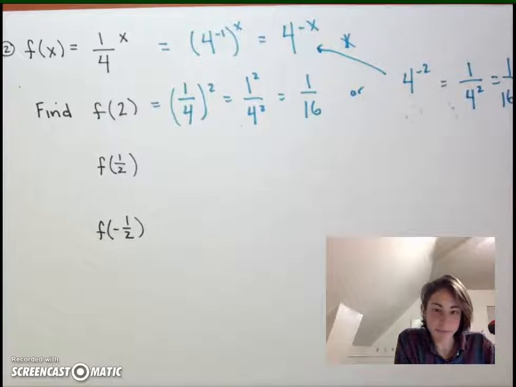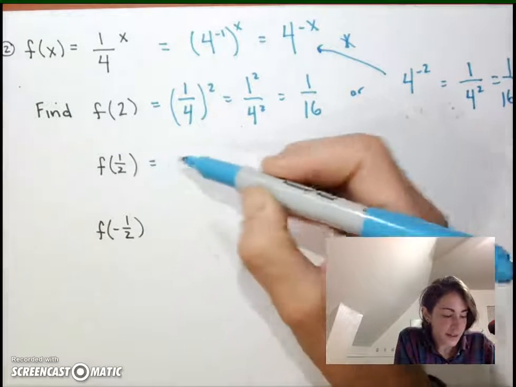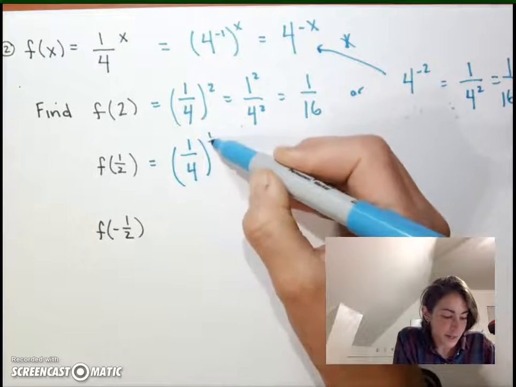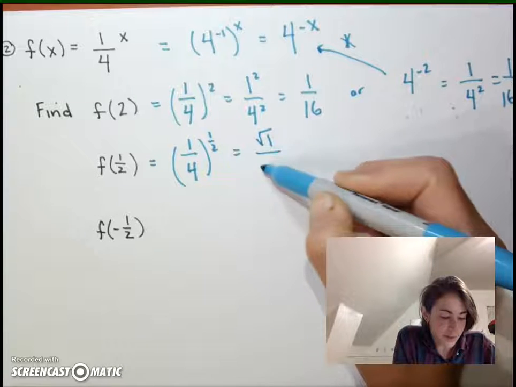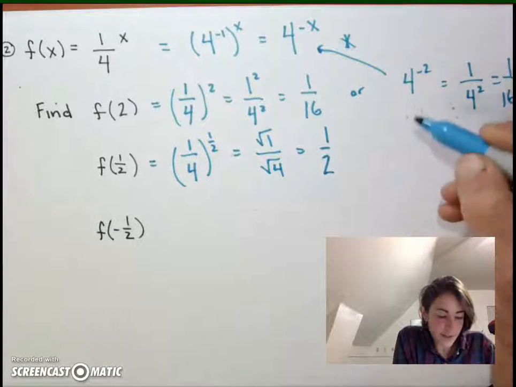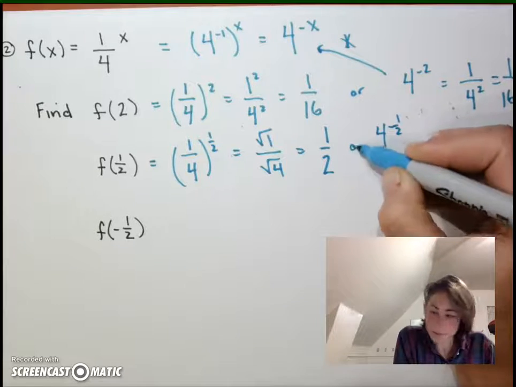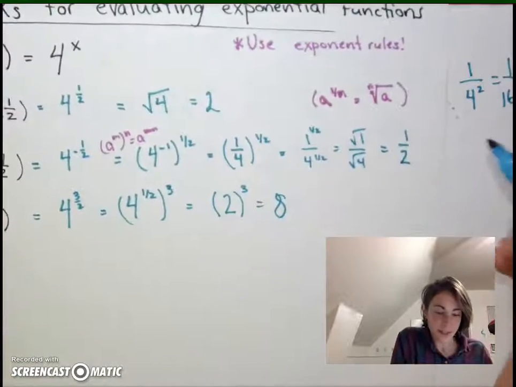We get the same thing. To do f of 1/2 now, I could do 1 over 4 to the 1/2. So that would be square root 1 over square root 4, which gives us a half. Or I could do 4 to the -1/2. And we actually did that in our last example, 4 to the -1/2, which gave us a half.